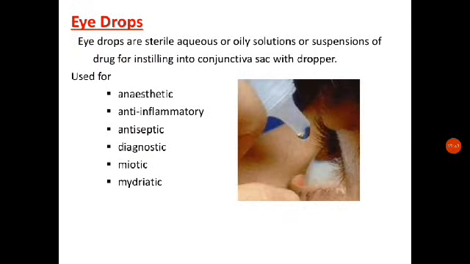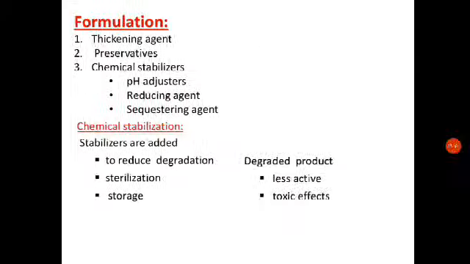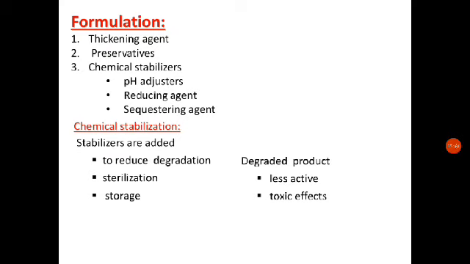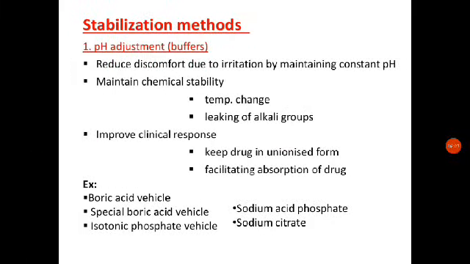So eye drops. Eye drops are sterile, aqueous or oily solutions or suspensions of a drug for instilling into the conjunctival sac with a dropper. Ideally they contain anesthetic, anti-inflammatory, antiseptic or diagnostic, miotic or mydriatic agents. The formulation includes thickening agents, preservatives, chemical stabilizers, that is pH agents, antioxidants, sequestering agents, etc. All the stabilizing agents are added to reduce degradation, maintain sterilization and reduce toxic effect also.